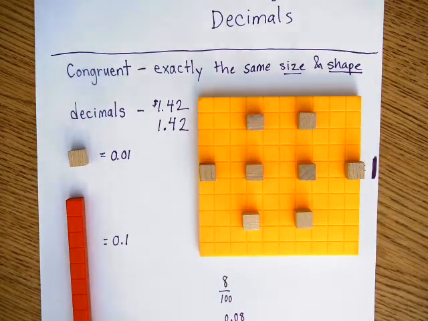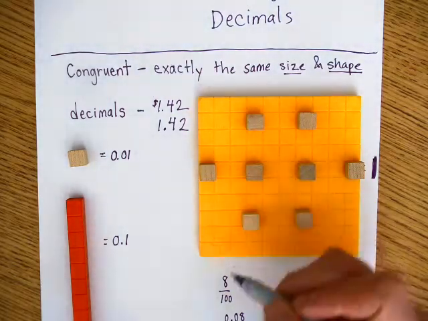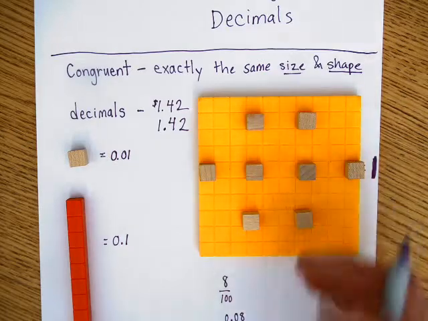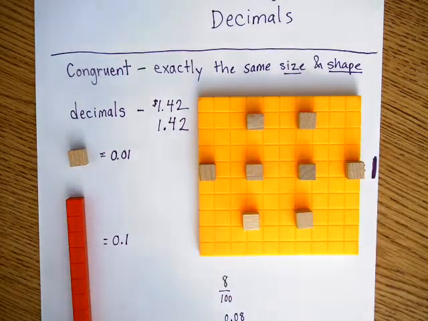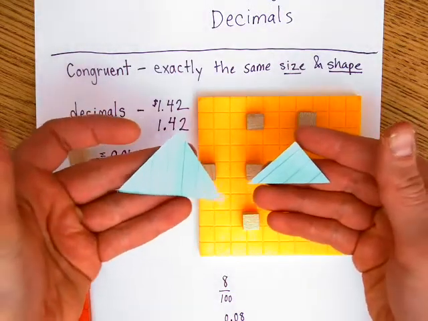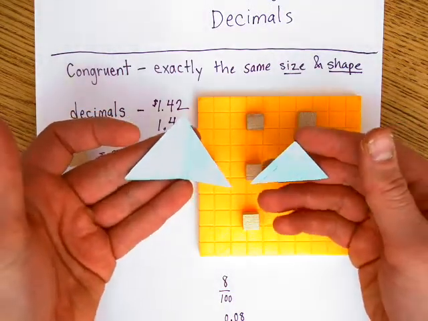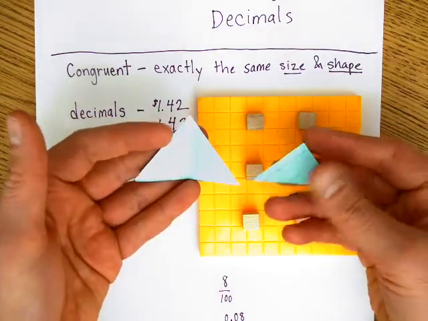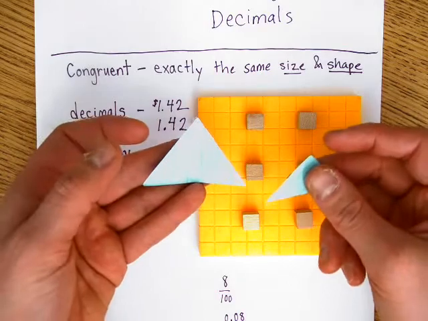Okay, so we've worked on that quite recently. And we also want them to be able to compare polygons. Okay, so we want them to be able to say, for example, I have two triangles here. We want them to compare those. Are they the same? Are they different? Well, they can see that they're the same shape, okay, but they're different because this one's smaller, so they are not congruent.